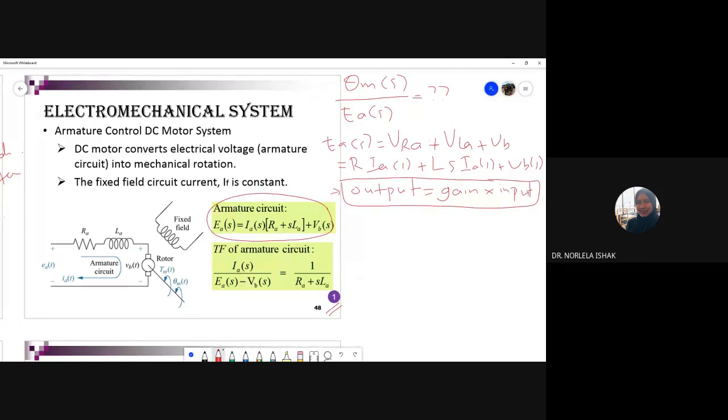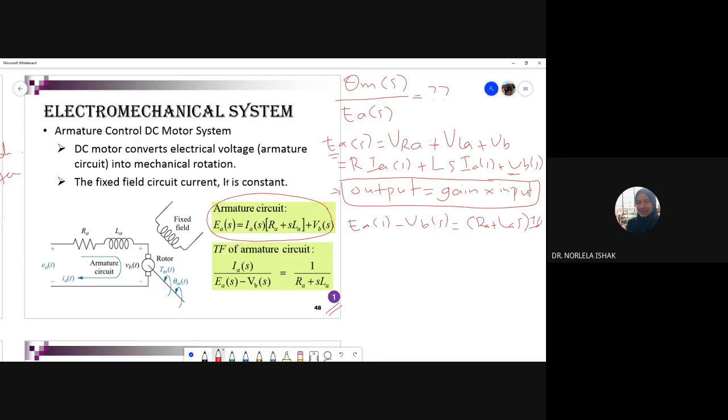So you have to rearrange the equation. This is voltage, and this is also voltage, so you have to rearrange back. So EA minus VBS equal to R plus LAS, this is also A, right?